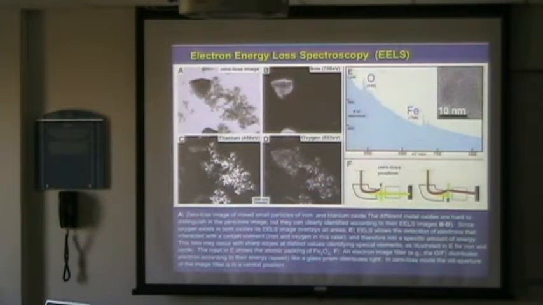You can, for instance, as I said just before, collect these elastically scattered electrons which have not exchanged any energy. So they're the so-called zero loss picture. So that's something like this here. Now here, we have a mix between iron oxide and titanium oxide, and that here would be the zero loss image.